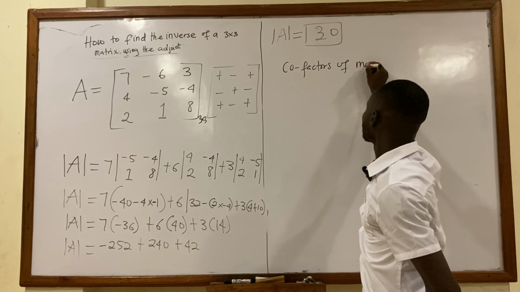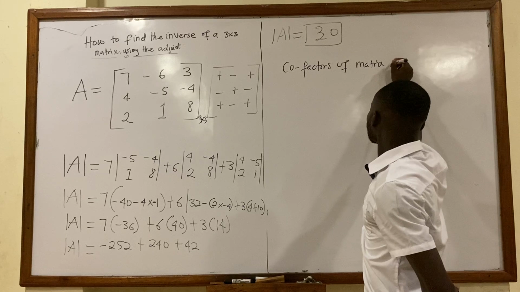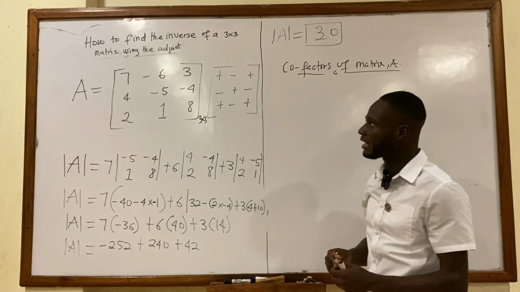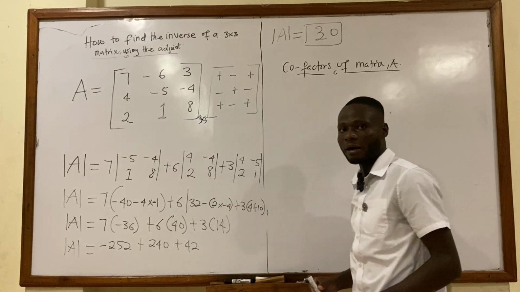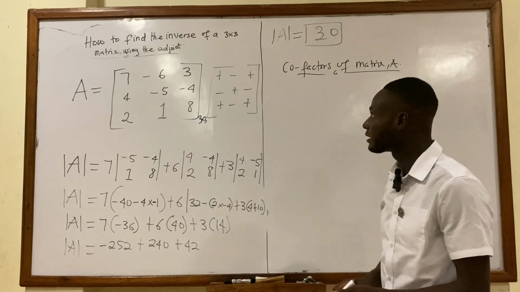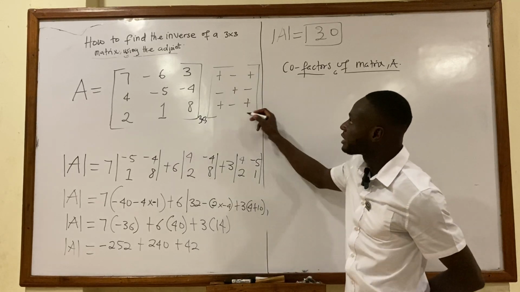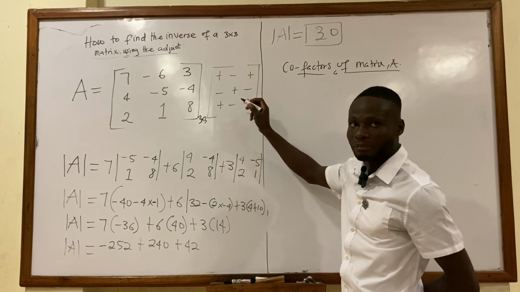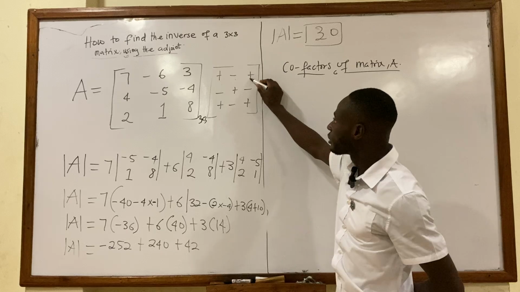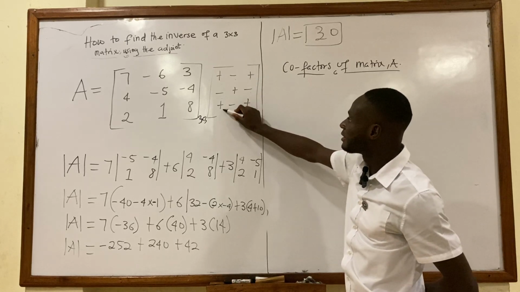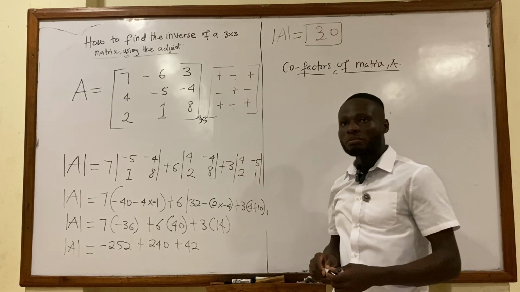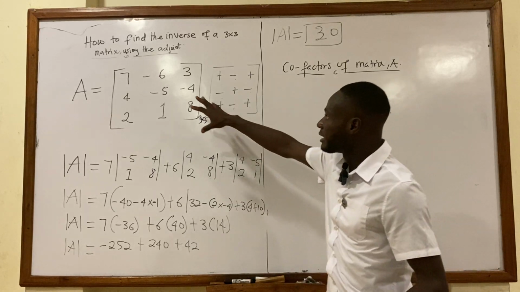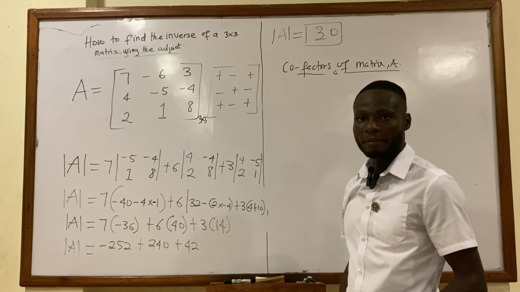You have to get the cofactors of this matrix A. And how do you get the cofactors? We have to use the operations of the 3 by 3 matrix. The operations of the 3 by 3 matrix are 1, 2, 3, 4, 5, 6, 7, 8, 9. So we have to make sure that we have 9 different elements formed from this 3 by 3 matrix.